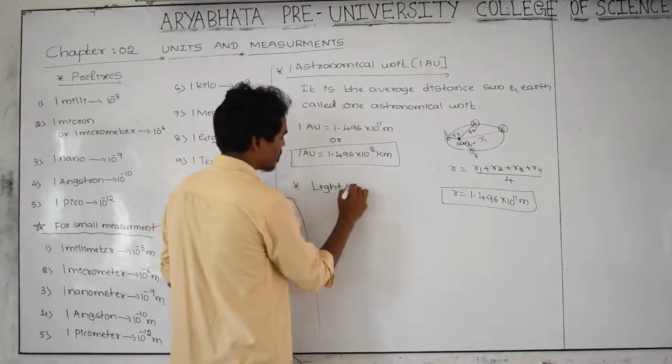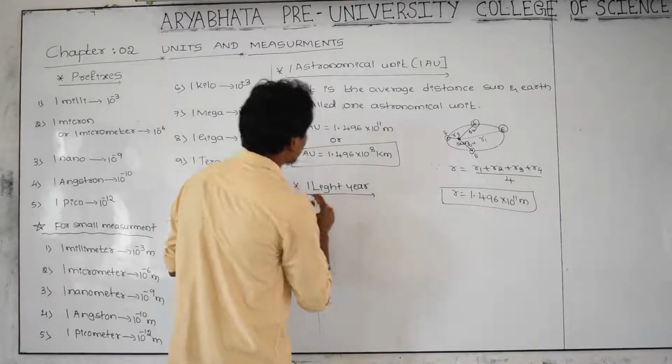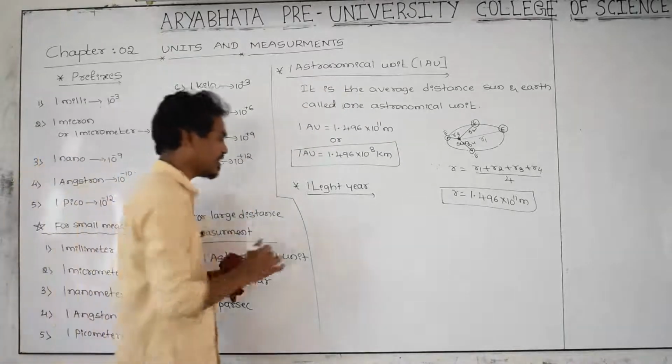1 light year is equal to, I will tell you the value. What is 1 light year? This is also a unit of distance. What is light year?